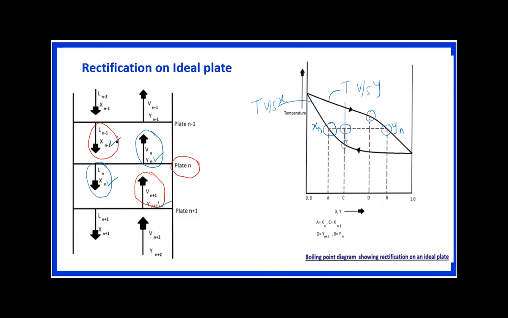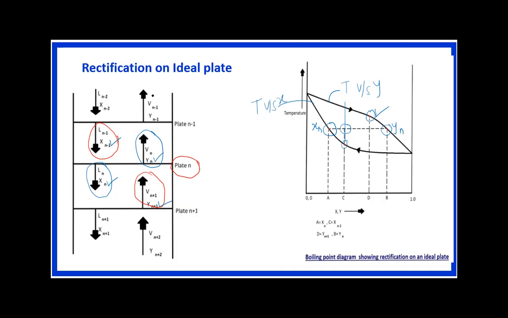All these compositions can be indicated on this TXY diagram, and we can understand the composition of MVC is increasing in the above section, that is in the rectifying section, which is indicated in this direction, because here D is a point above the other points, and D is nothing but Yn plus 1.